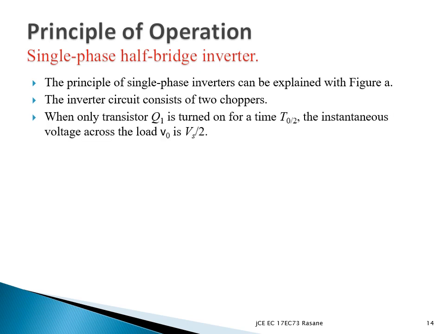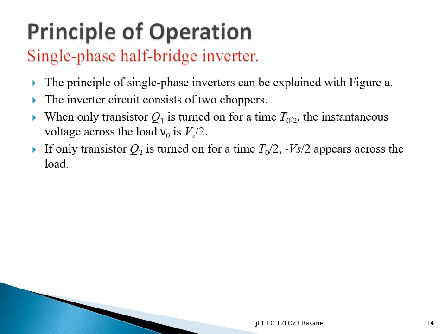And when transistor Q1 is turned on for the time T0/2, the instantaneous voltage across the load would be Vs/2, that is voltage across the capacitor C1. And if Q2 is turned on, then for the next half of the time duration, the voltage across C2, that is minus Vs/2, will appear across the load.